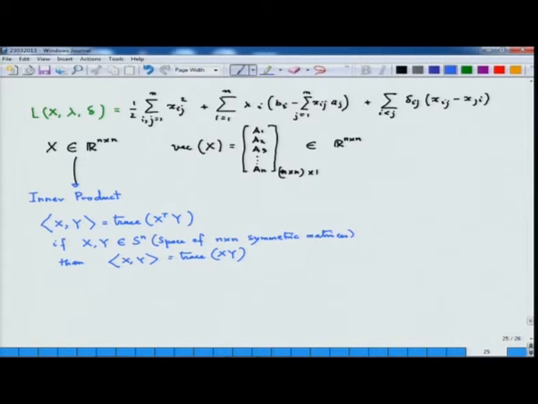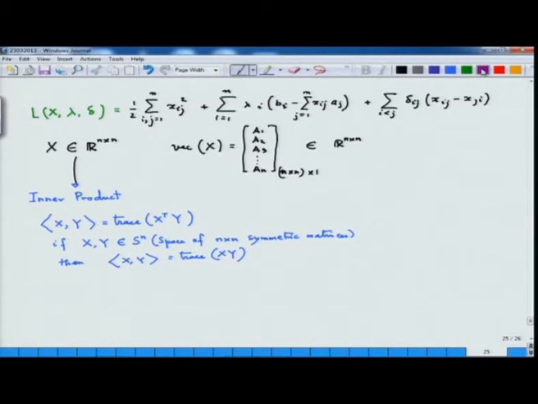Now, it is very important, how do I express this thing? This part, of course, is nothing but half of the inner product of X with X. So, I am writing everything in terms of the matrix. Now, how do I translate this second part?